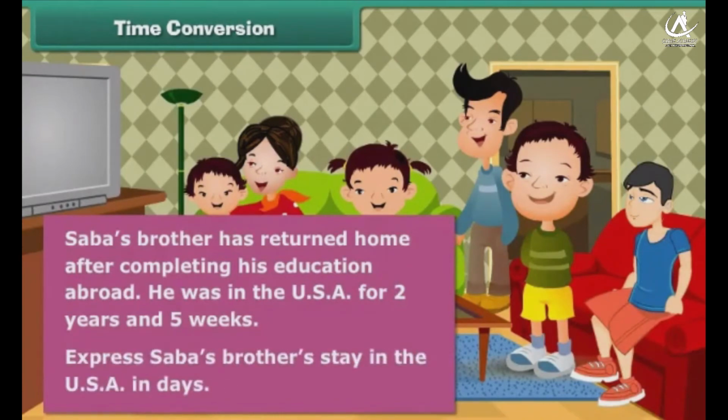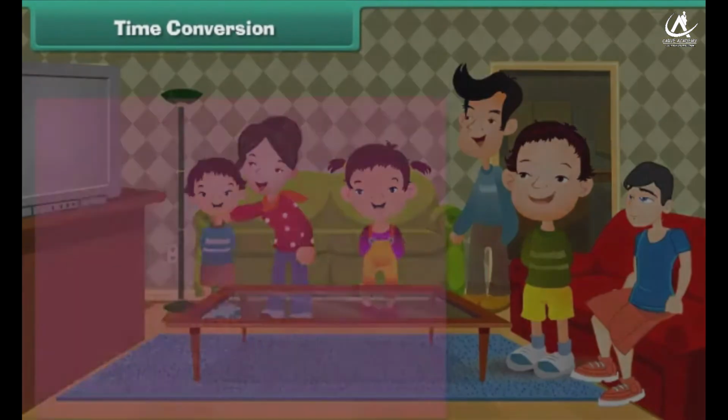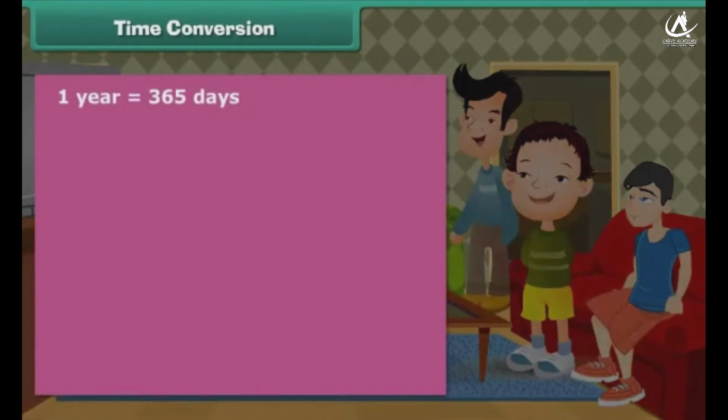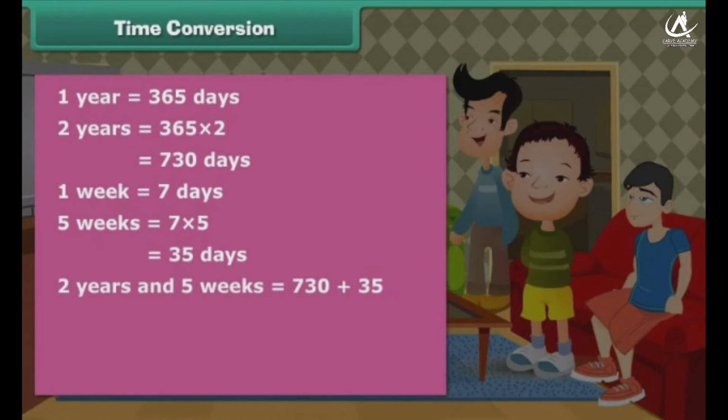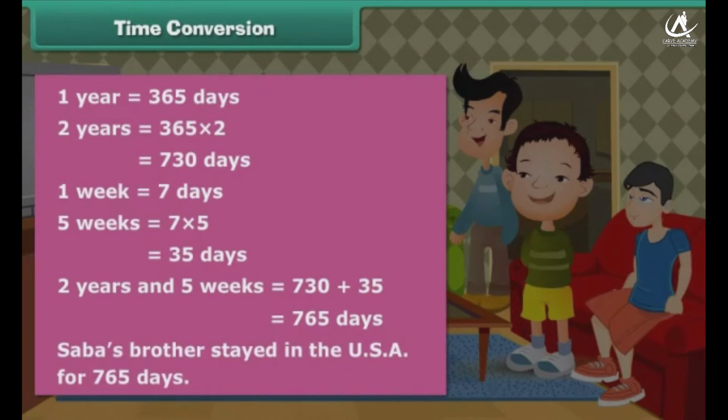Express Saba's brother's stay in the USA in days. 1 year is equal to 365 days. 2 years is equal to 365 into 2, which is 730 days. 1 week is equal to 7 days. 5 weeks is equal to 7 into 5, which is 35 days. 2 years and 5 weeks is equal to 730 plus 35, which is 765 days. Saba's brother stayed in the USA for 765 days.